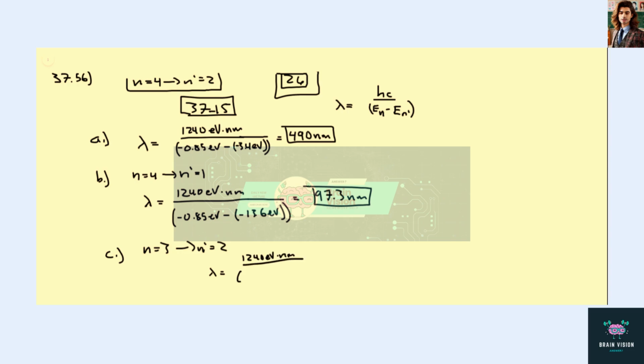From this, we can write our wavelength again as 1240 eV nanometers. The n equals 3 level here is given as negative 1.5 eV, not nanometers, and our E2 is negative 3.4 electron volts. We can just plug that in, and we get an answer of 650 nanometers. Cool, that's it.